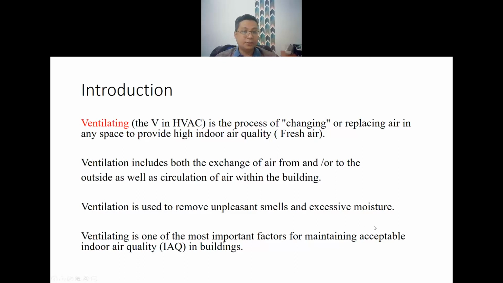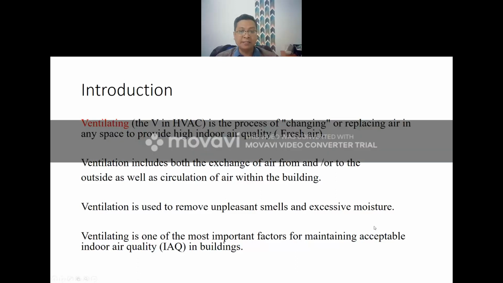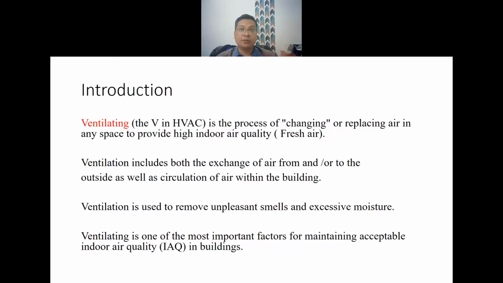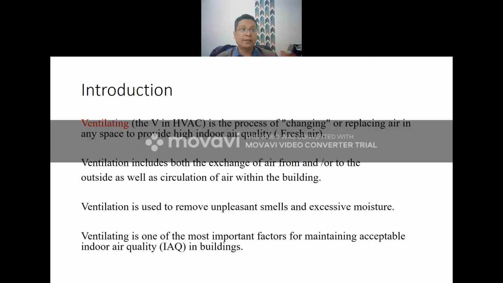Ventilation is used to remove unpleasant smells and excessive moisture. So, as mentioned in the slide, we will control the smell also. We try to avoid odor or bad smell from the building or from the outside. We'll control the pollution itself. From the outside, we try to filter and then supply to the room or building.